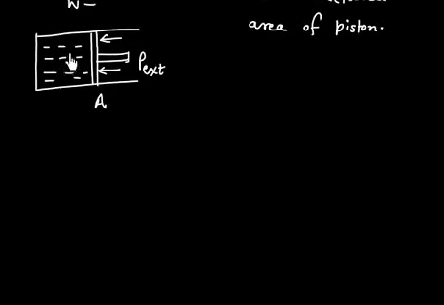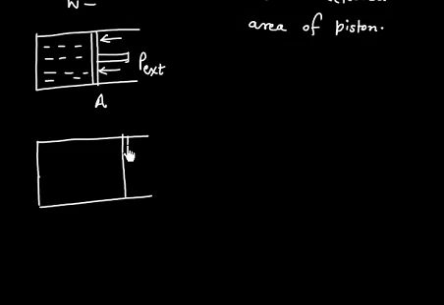Now this gas somehow, I don't know what the reason is, maybe there is some chemical reaction taking place. Due to that, some gases are produced, this gas has expanded, and this piston has moved by a certain amount.